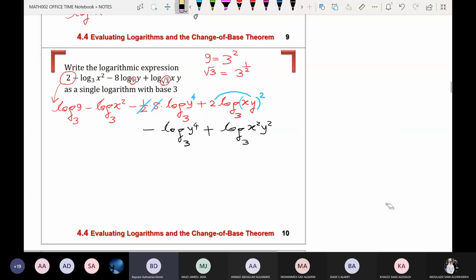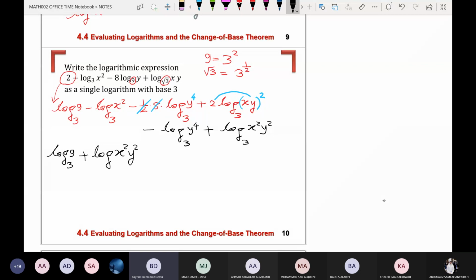Now let's look at the additions. Let me write the additions, Shabab. We have logarithm of 9 base 3 plus logarithm of x squared y squared. These two are addition, right? We are adding.